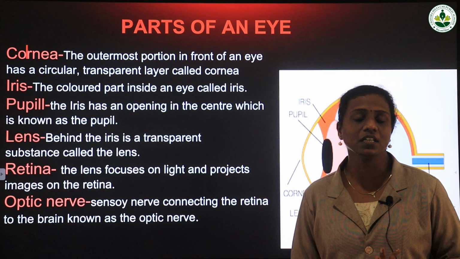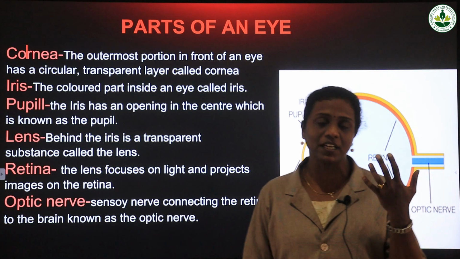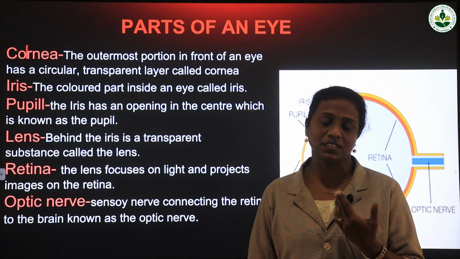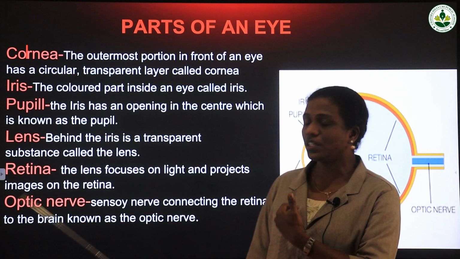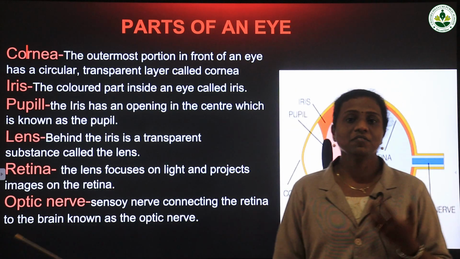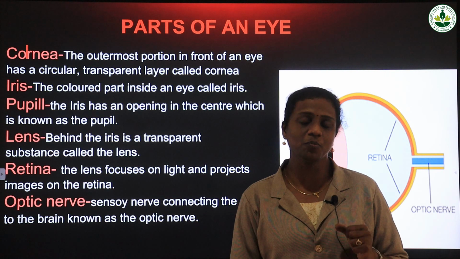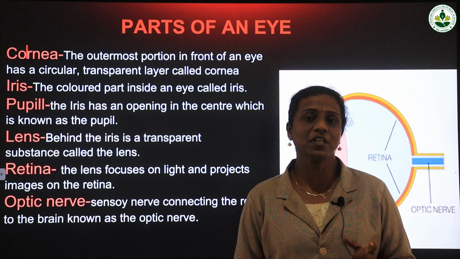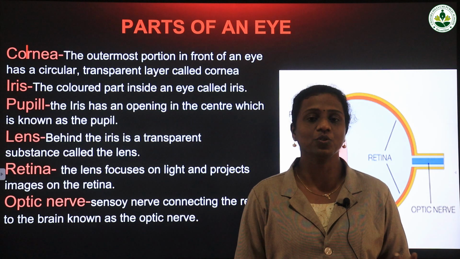When we are seeing any object, light falls on the object, reflects, and passes through the eyes. It enters through the eyes, passes through the lens, and on the retina it forms an image. Then our brain should know that image. How does that message go to the brain?